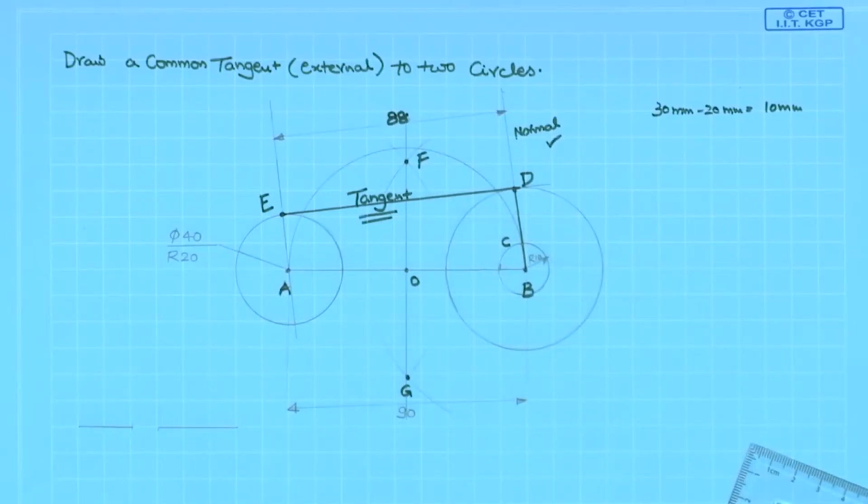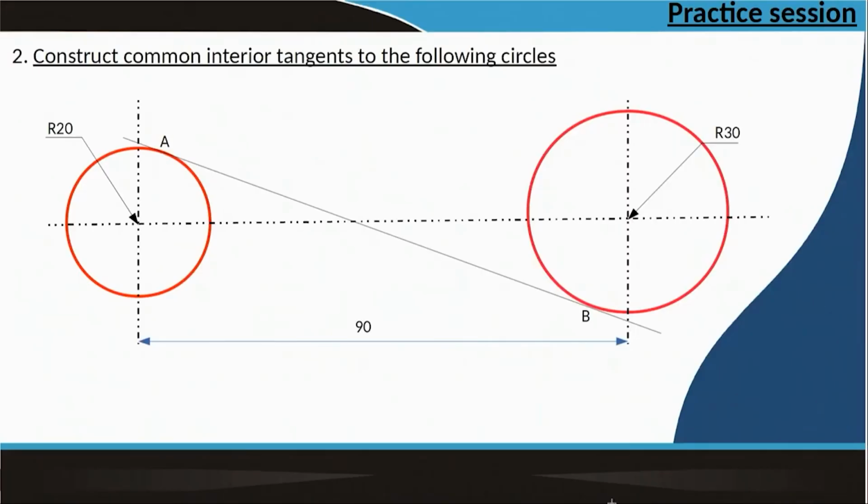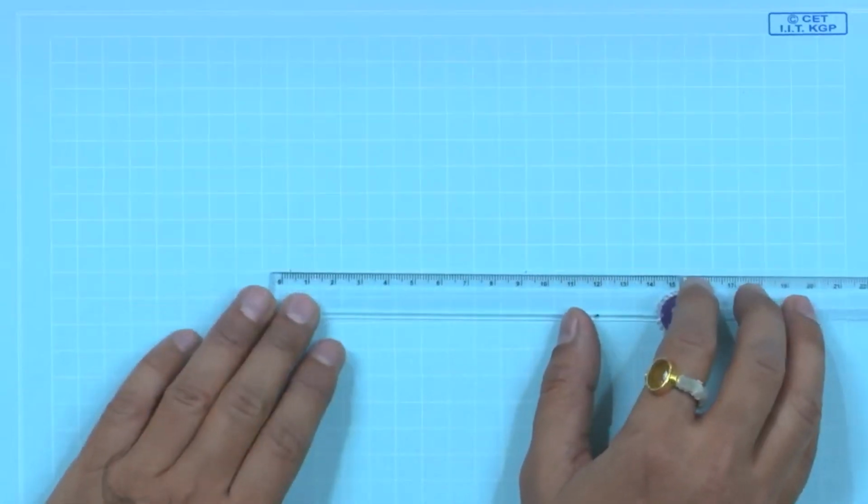Now, let us look at the second question: how to construct common interior tangents to the following circles. So, what we have to do is repeat the same process, but on opposite sides. So, first we have to draw two circles separated by 90 mm.